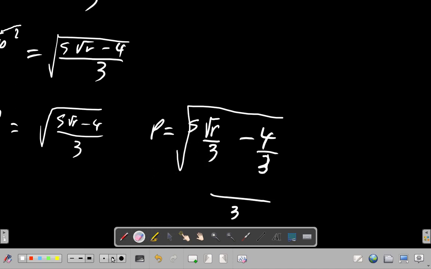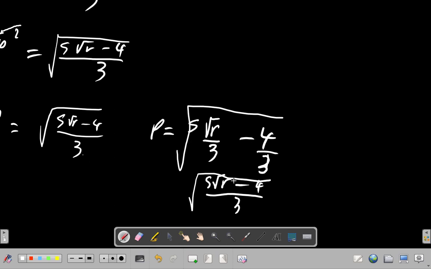So let's look back at this thing here. So here now, if you draw a line, find the LCM of 3. 3 into 3, 1. 1 times s square root of r is s square root of r. Minus 3 into 3, 1. 1, 4, 4. You put back the square root sign. So here you have square root of s square root of r minus 4 over 3.